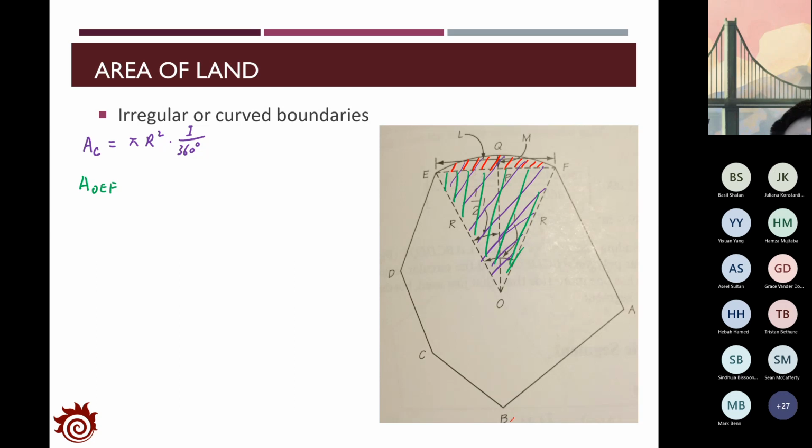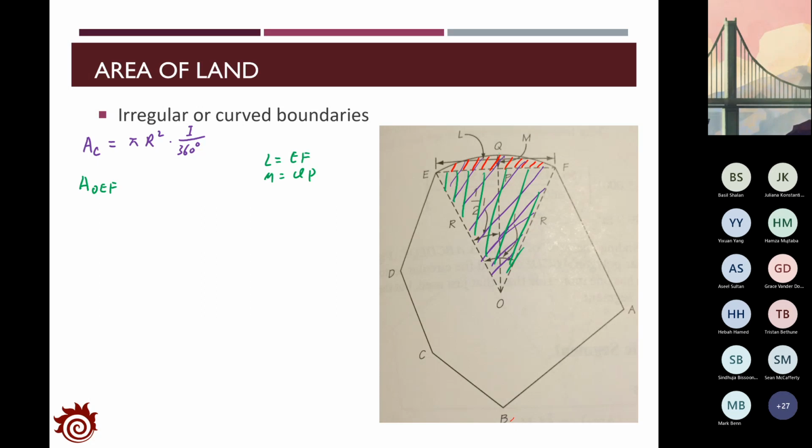Assuming that we measure the length of the straight line E to F as L, we also measure the distance from P to Q as M. Here P is the center point, the middle point of the line E to F, and Q would be the extension of the line from O to P and intersect with the curve.